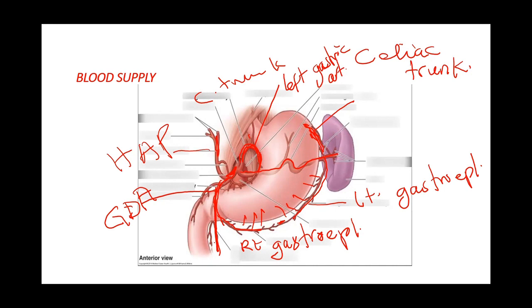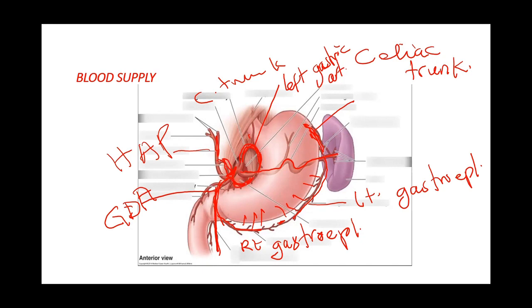So what you should know, all the supply of the stomach comes from the branches of the celiac trunk. Now, the hepatic artery proper gives off the right gastric artery.